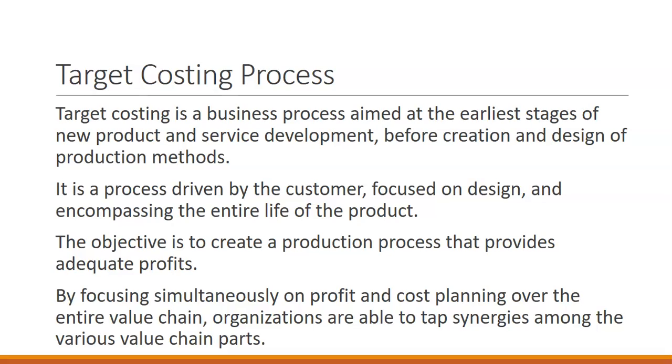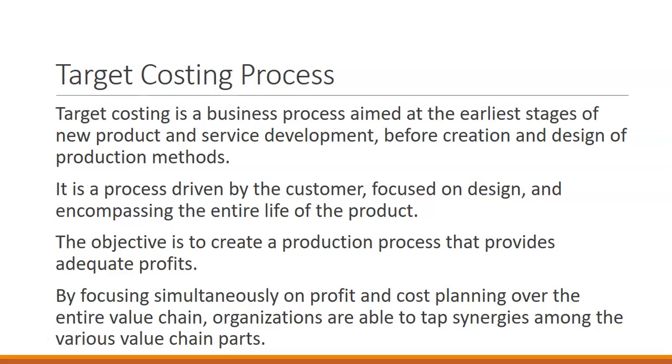And the objective of target costing is to make sure that we create a product that we can have adequate profits on. So we focus on that profit and cost planning over our entire value chain. So we build that into our research and development procedures, so that we're looking at the entire profitability of this product.